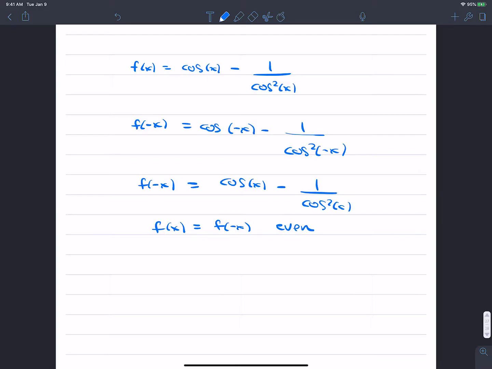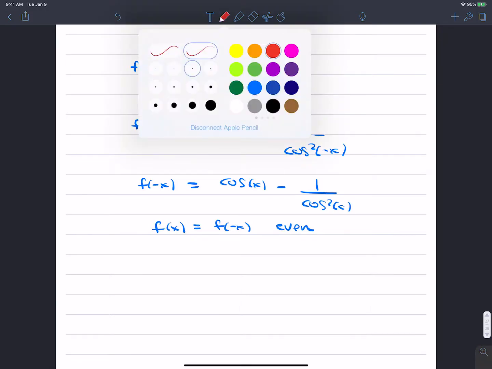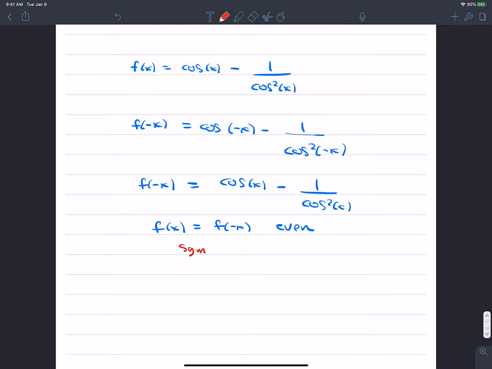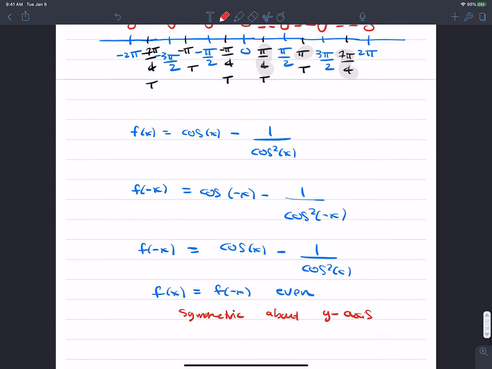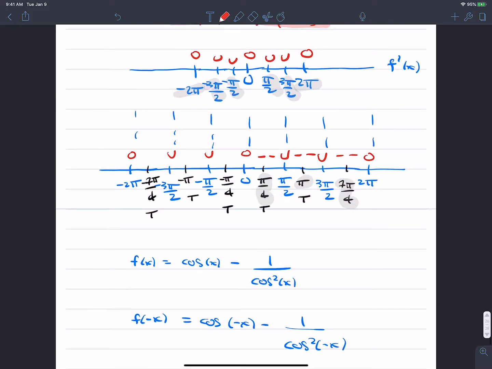Now, that means it's symmetric about the y-axis. So let's put that in red. It's symmetric about your y-axis. What does that mean then? On the left here, does that mean these are also decreasing?